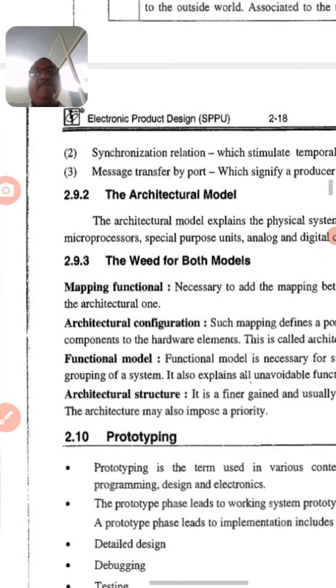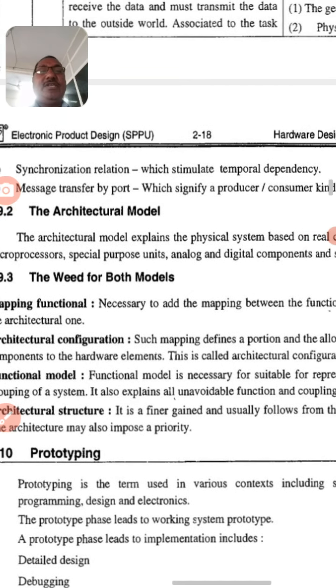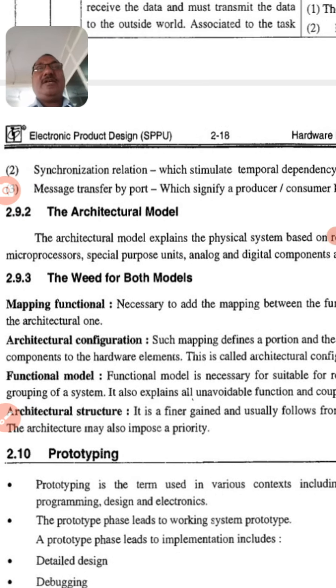Then secondly, synchronization relations. Synchronization relation simulates temporal dependency. That means a delay of 10 microseconds or 100 microseconds should be synchronized with each other properly.